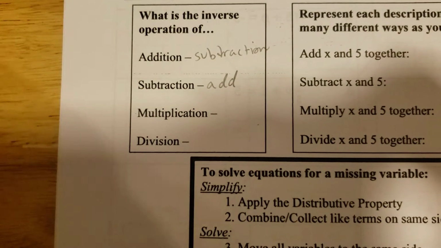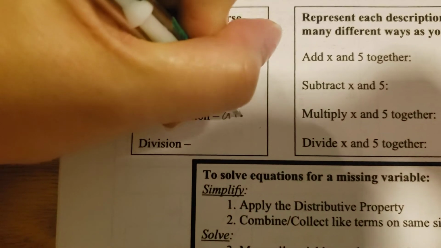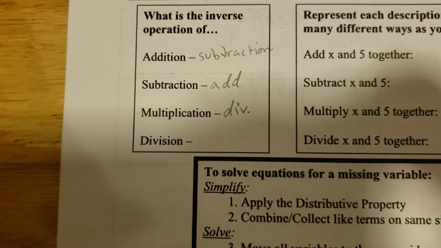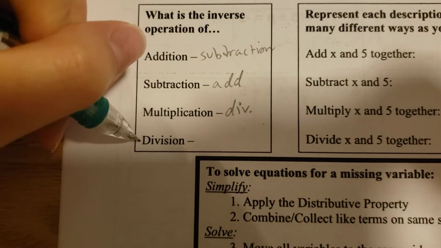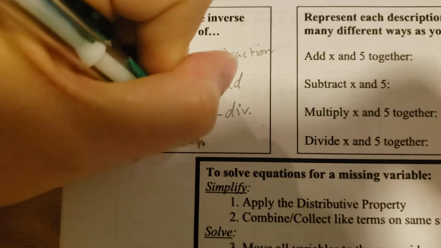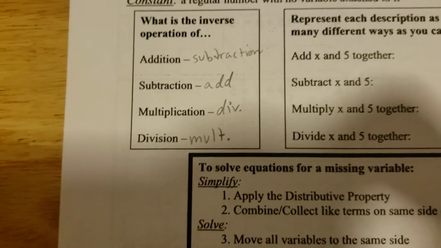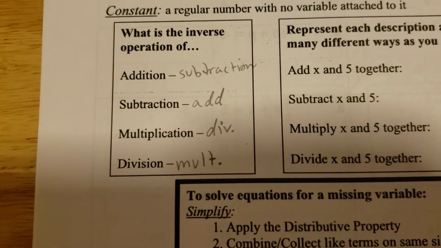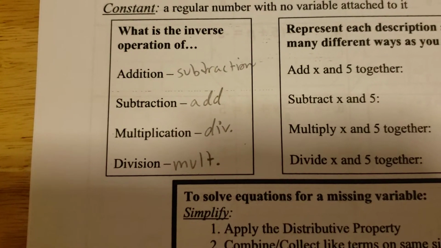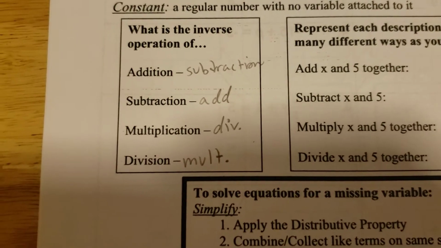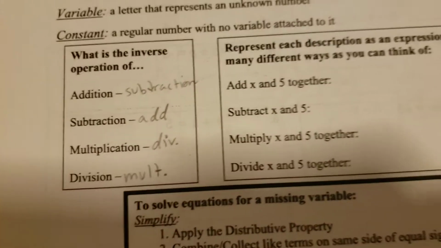And then what is the opposite of multiplication? Well, that would be division. And then what's the opposite of division? Multiplication. So you're always looking for the operations that have been done in an equation, and in order to solve it, you're going to be doing the opposite of it. I'm not going to worry so much about this part right here.